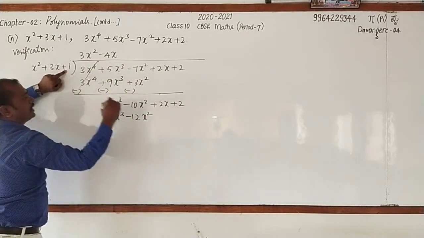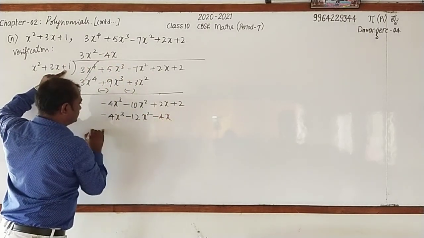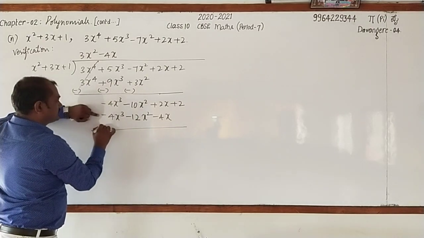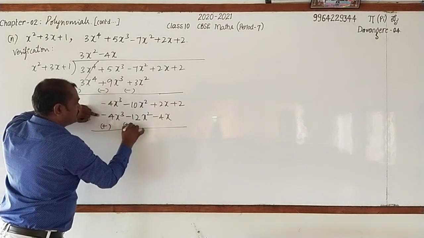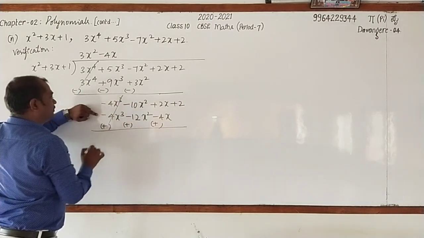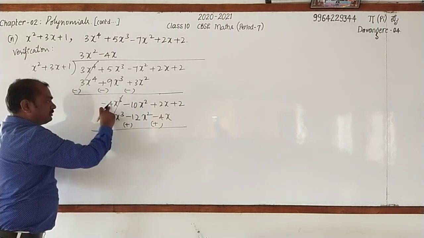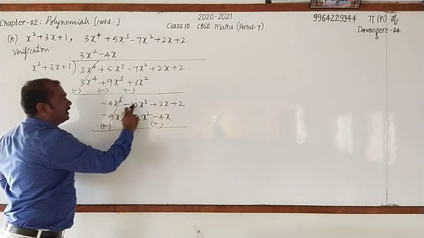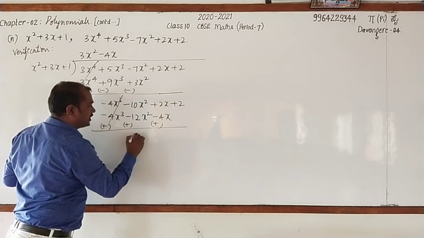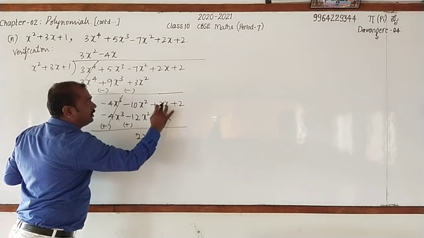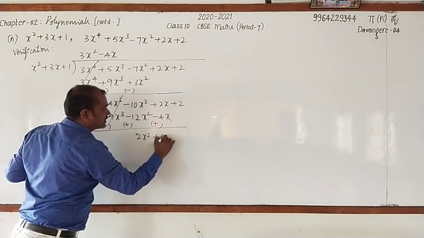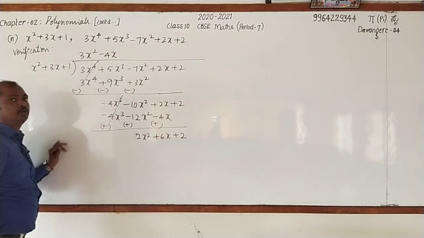Minus 4x into 1, minus 4x. It is minus, there is minus, plus; this is also plus. Same terms with a different sign. Now minus 10x square plus 12x square, it is 2x square. 2x plus 4x, plus 6x, plus 2.